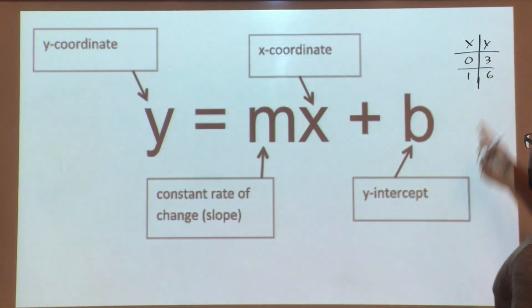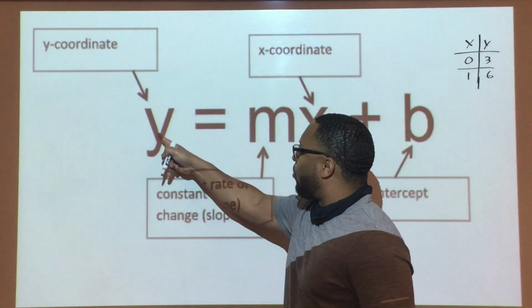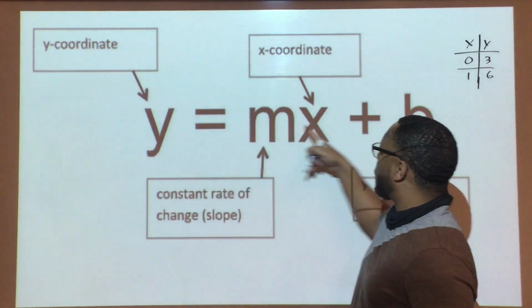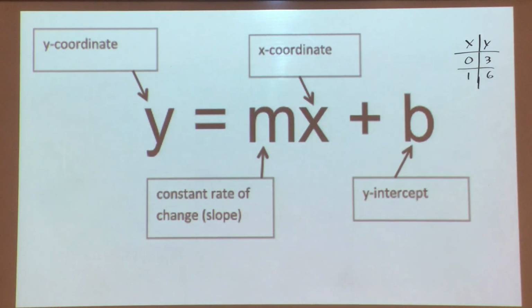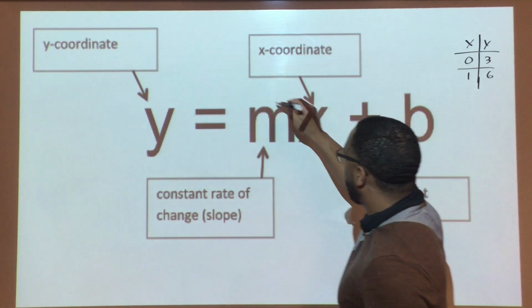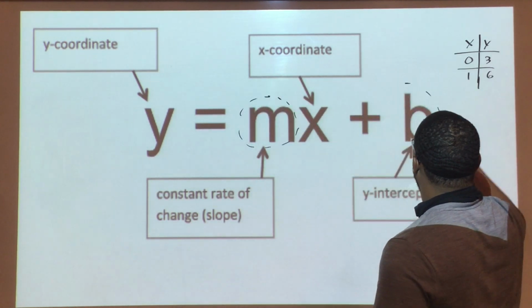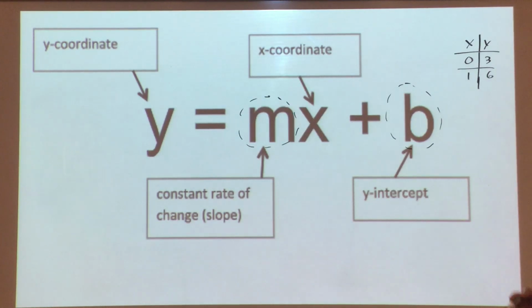So let's say these are points on a graph. They already give you y, so we already know what y is, and we already know what x is in this table. The things that we need to figure out is m and b. That's going to be the most important part for your job today.